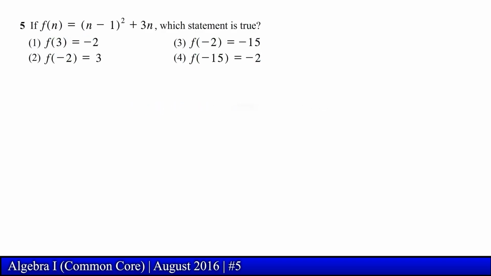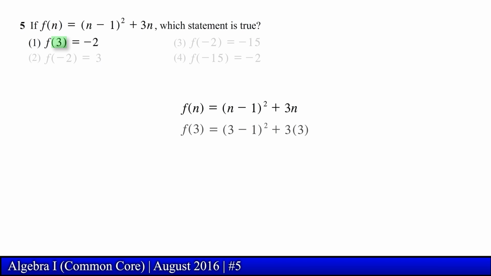Let's start with the values from option 1. Here, the value of n is 3, so we substitute this value into the function, making sure we use parentheses when we substitute the variable n with 3, as follows. Then, we proceed by simplifying the expression, making sure we follow the order of operations.